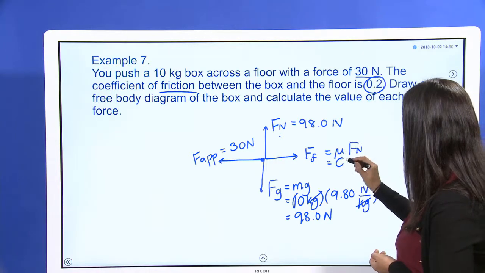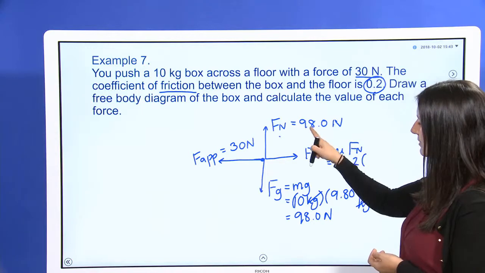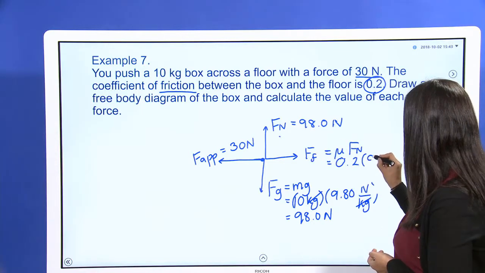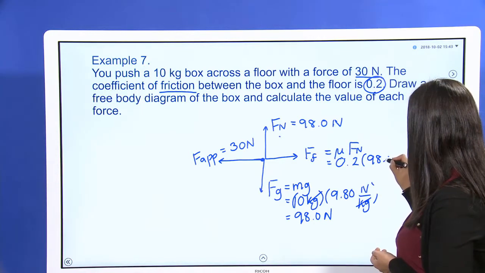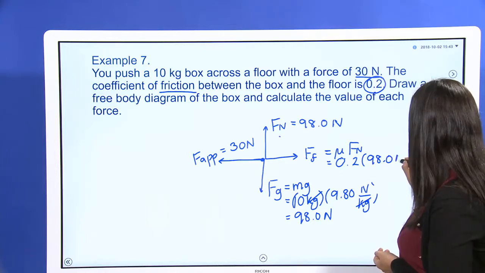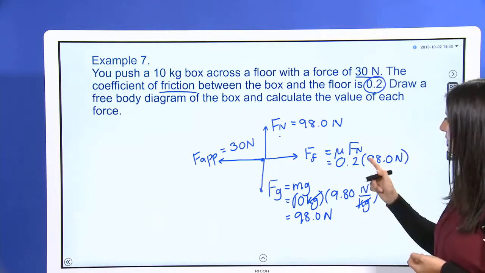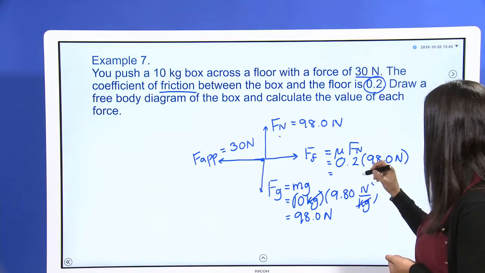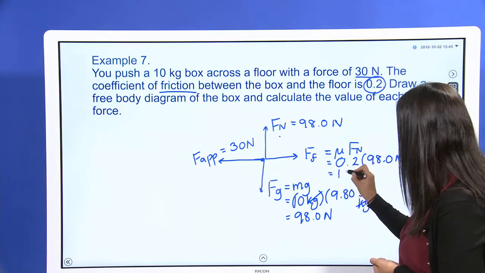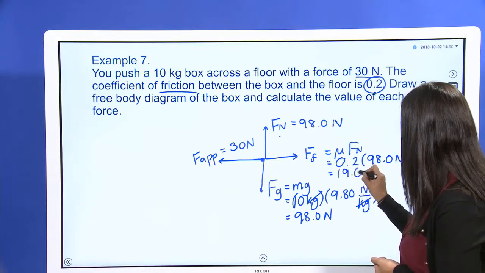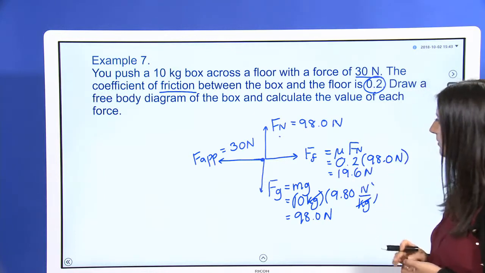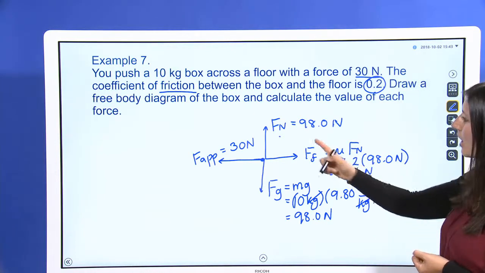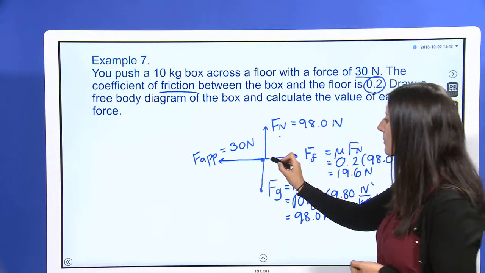And my normal force I found over here is 98 newtons. So 0.2 times 98. So I get 19.6 newtons.